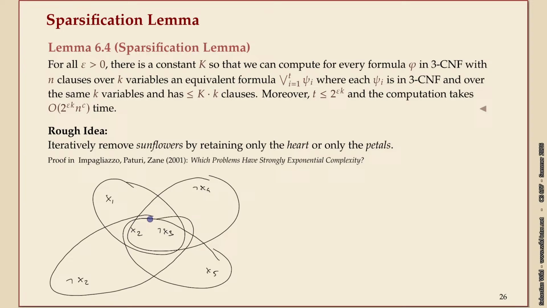Maybe a nonsensical one too. So the algorithm essentially tries to find these sunflowers, so sets of clauses that all intersect in some one or two literals.